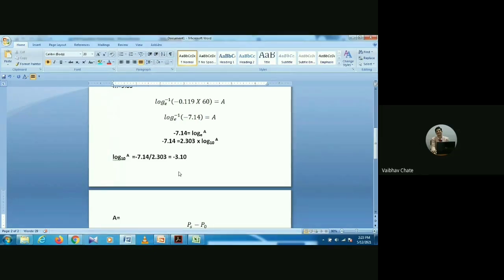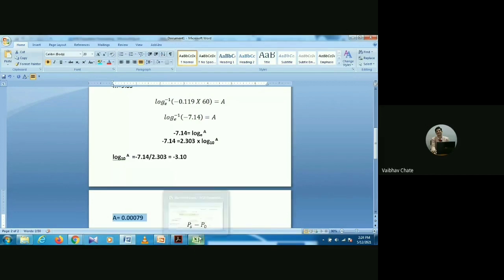How much will you get as the A value? You just put it in the calculator. I'm getting it as 0.00079. This is the value I got.